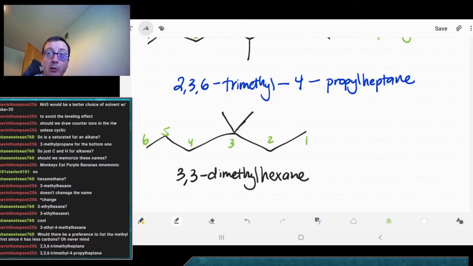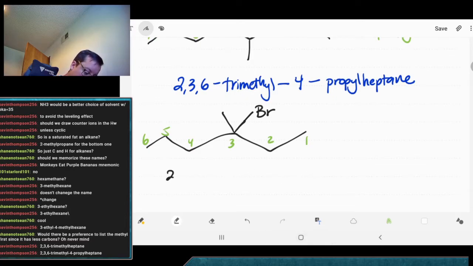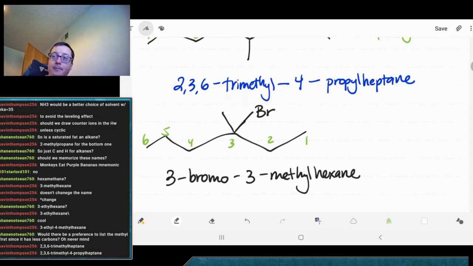In this case, they're both methyl groups. But if I instead had, I'll throw in something else here. If I do it this way, I would say 3-bromo-3-methylhexane, for example.